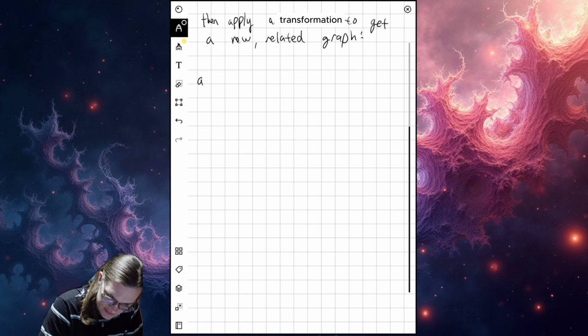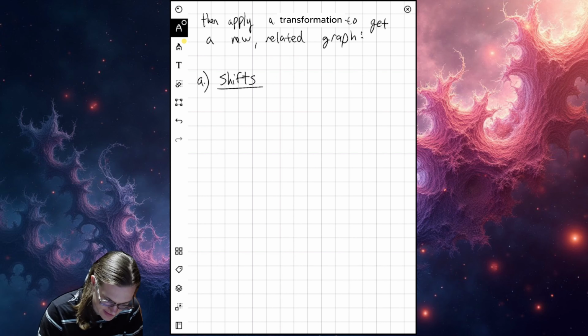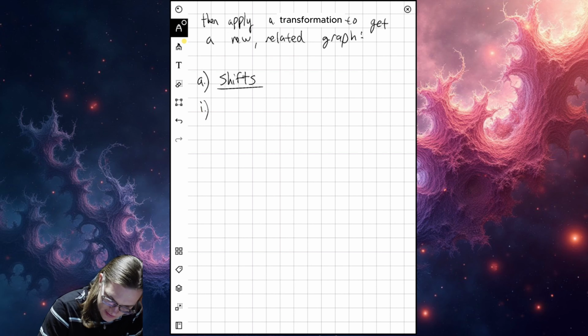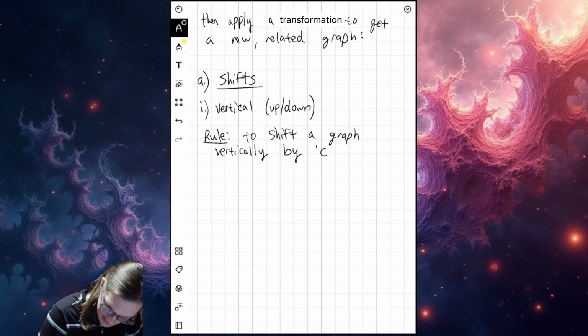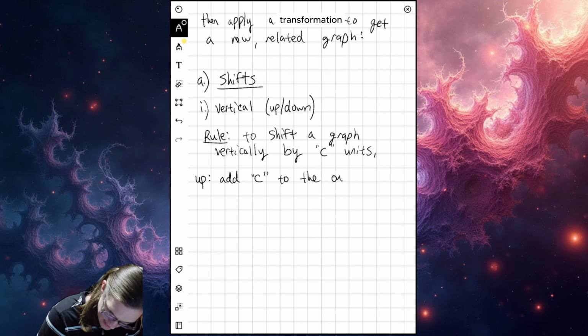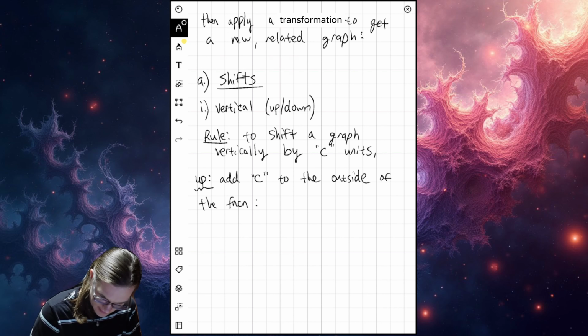So first one we'll talk about is shifts. And so that's exactly how it sounds, right? If you want to shift the graph vertically, so up or down, the rule is to shift a graph vertically by c units. To shift it up, we'll add c to the outside of the function like this, right?